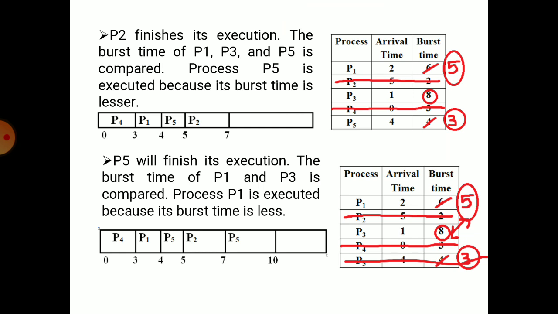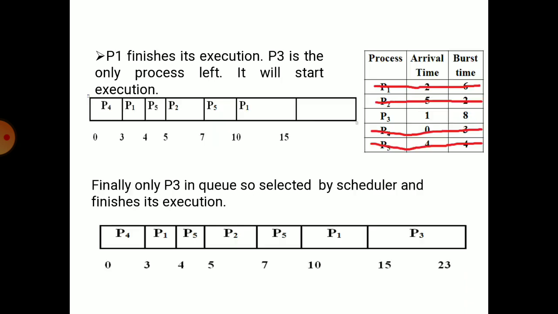Then the burst times of P1 and P3 are compared. P1 requires 5 milliseconds and P3 requires 8 milliseconds, so P1 is the lesser one and is selected by the scheduler to continue its execution.